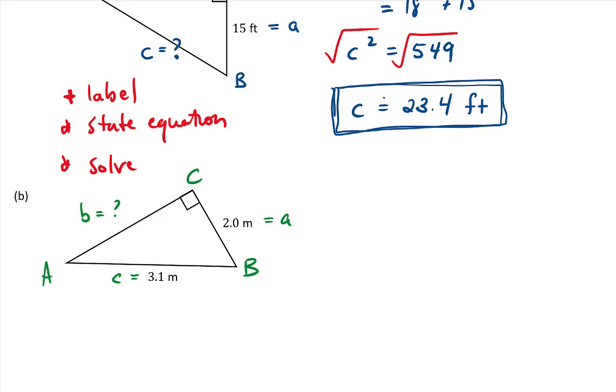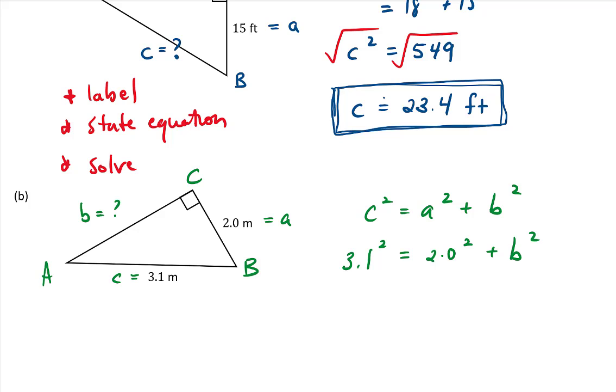So now we state our formula. So we have C squared equals A squared plus B squared. This time we have the left side of the equation with a value. We have 3.1 squared equals 2.0 squared plus B squared.